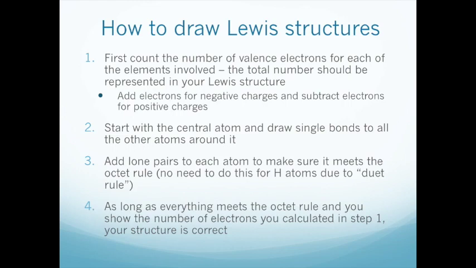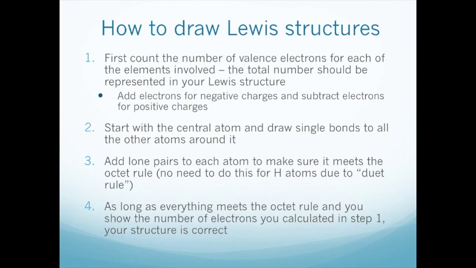So, to draw Lewis structures, first you count the number of valence electrons for each of the elements, and then the total number of electrons needs to be represented in your Lewis structure. If you have something that is positively or negatively charged, you have to add electrons if it's negatively charged and subtract electrons if it's positively charged.